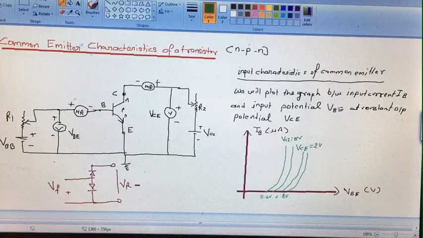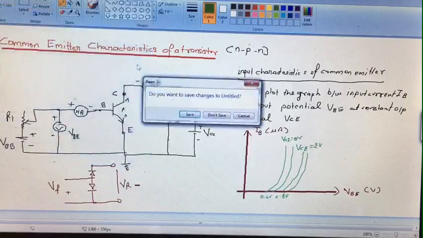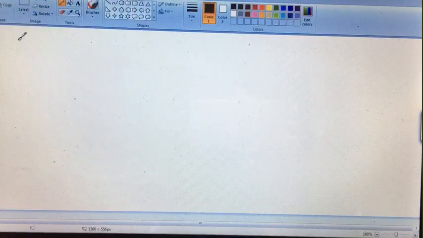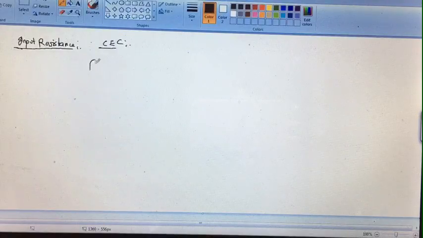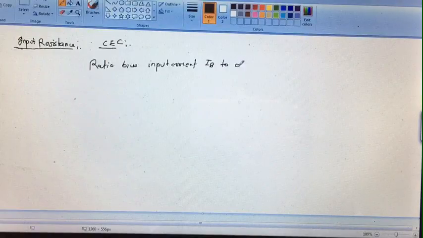So there is an input resistance. So input resistance for common emitter configuration is the ratio between input current IB and input potential VBE.